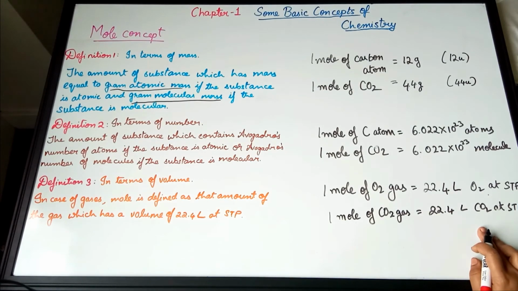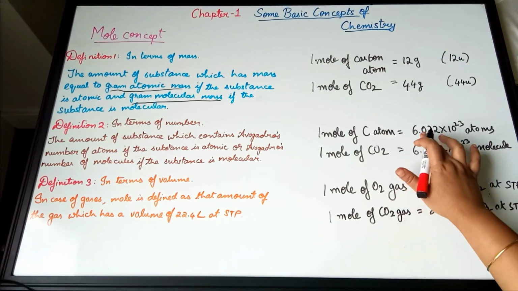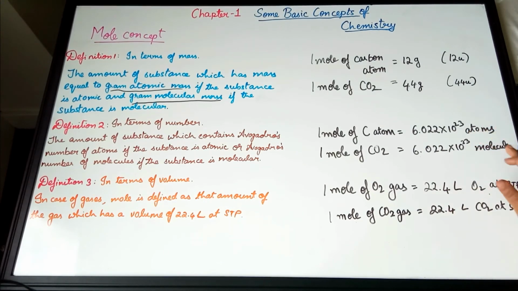Remember one thing, the concept of mole is very essential when it comes to solving various numerical problems in this chapter. And if you haven't understood the concept of moles, it automatically becomes very difficult. All you need to understand is this: 1 mole of a particular substance is generally equal to 6.022 into 10 to the power 23 atoms or molecules of that substance.